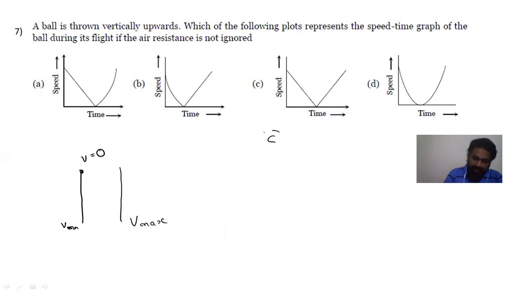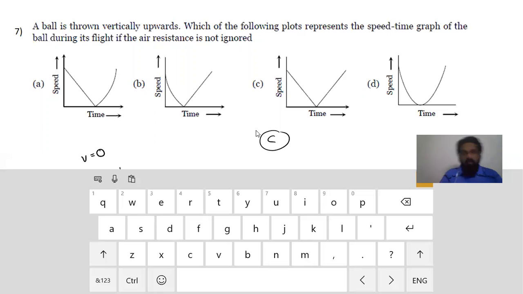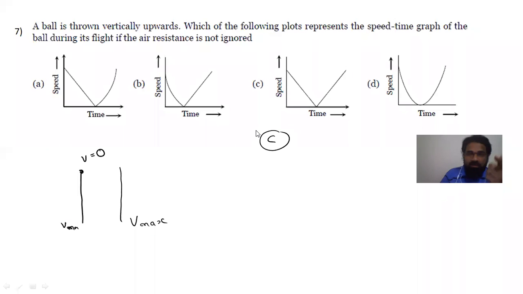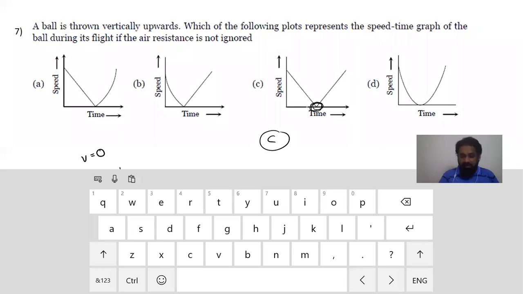Option C is the correct answer, because for option C we can see it starts with a reasonable speed, then in between the velocity becomes zero, then again it is increasing. At this point, it reaches the maximum height.